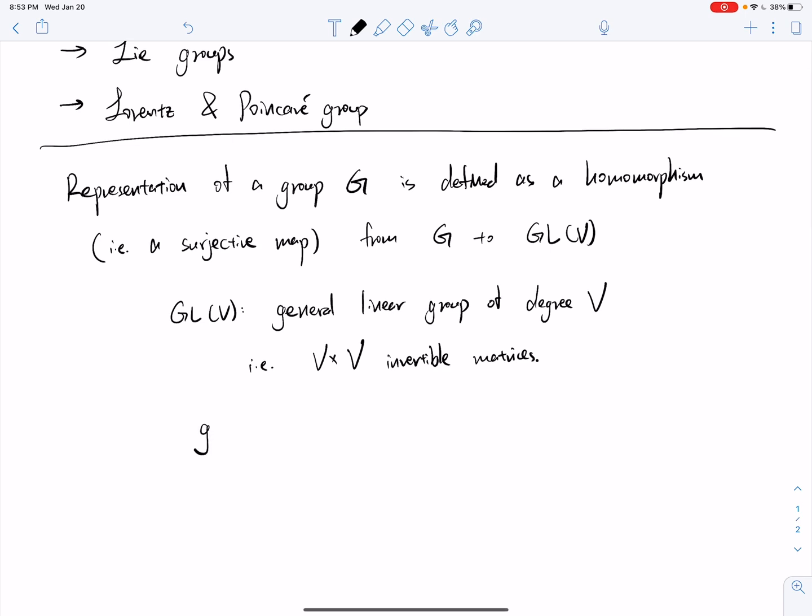So under this representation or this mapping, each group element G goes into a matrix, DG. We use the letter D normally to denote representation, which is an element of GLV.